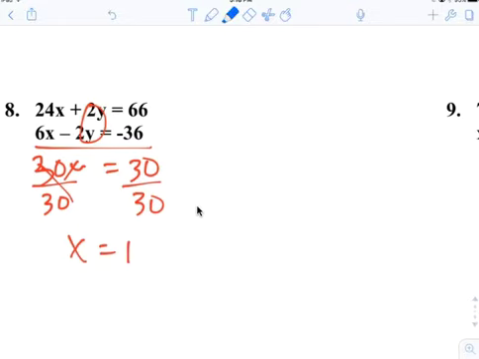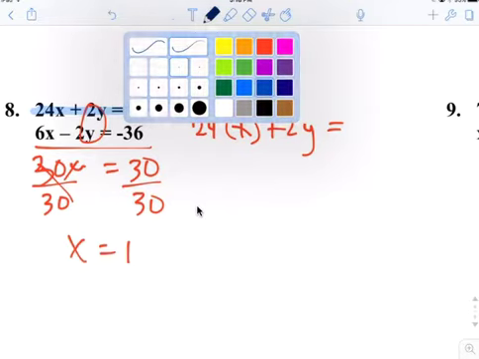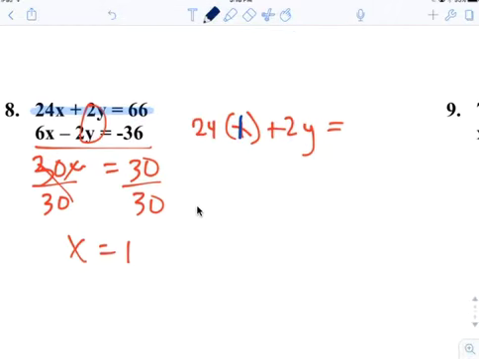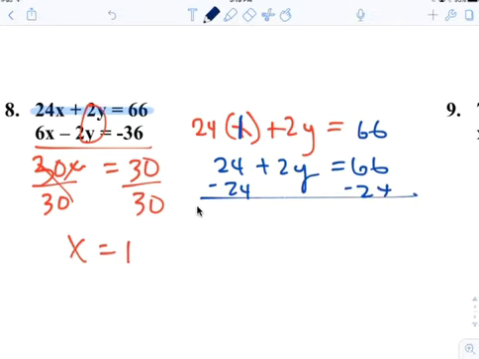And then you would choose all of the positives. 24 times 1 plus 2y equals 66, in place of the x you put a 1. So 24 plus 2y equals 66, minus 24. 2y equals 42. Divide by 2. Y equals 21. So the graph will meet at 1 and 21, okay?